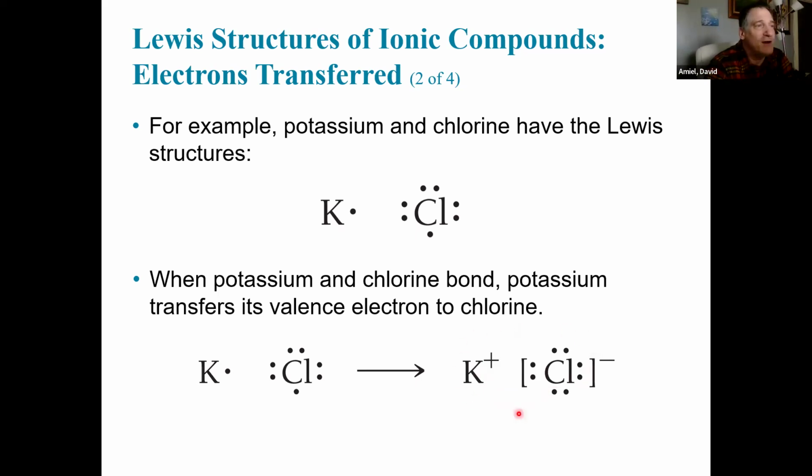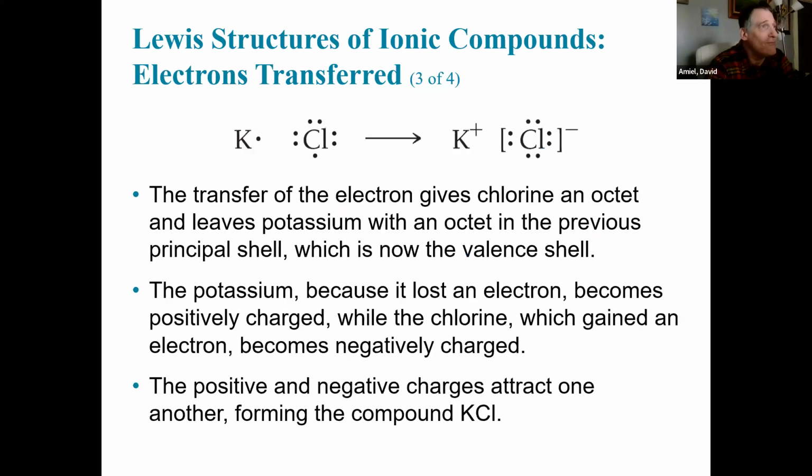And I'm just pointing out that we achieved the same result using a Lewis structure as doing the old switcheroo that we did early in the semester. The transfer of electrons gives chlorine an octet, leaves potassium with an octet, and we form the compound KCl.